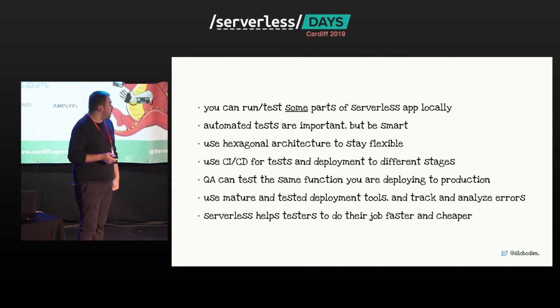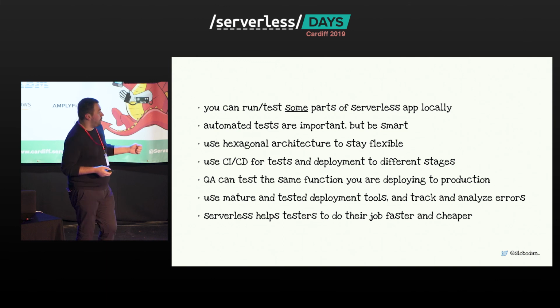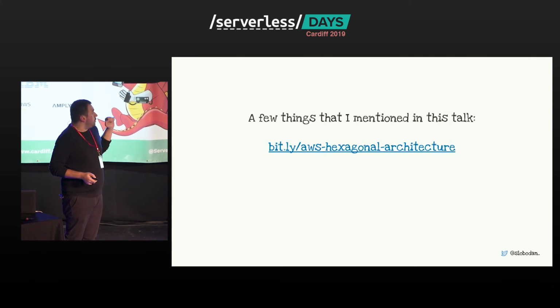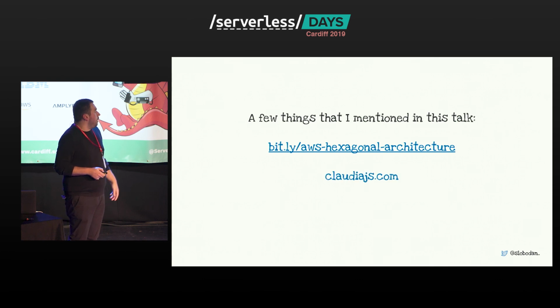And finally, serverless can help testers to do their job faster and cheaper, and developers should help them out with tooling and everything. Well, here are a few tools that I mentioned. I'll share my presentation later, but I have some code examples of the things that I showed with images. If you want to see how hexagonal architecture works with code, I'll share my presentation, and then you'll be able to read this article.